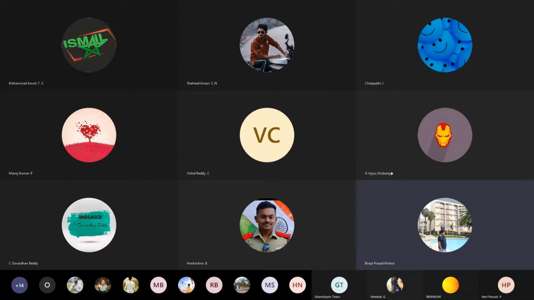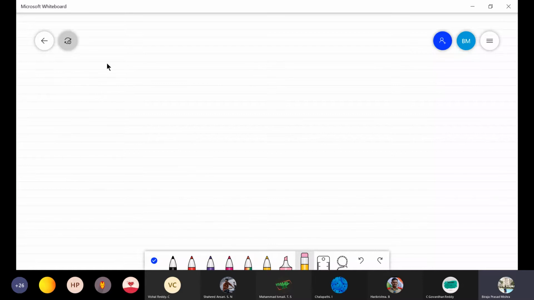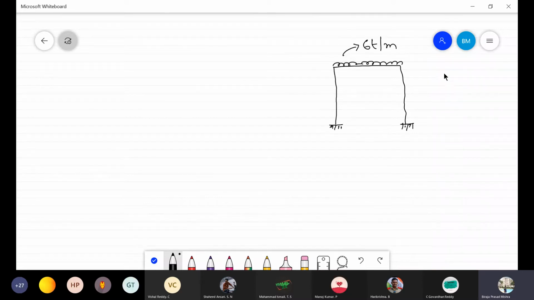Okay, so let us take a problem which we have already done. If you remember, we did a problem like this. This was the same element. Here it was fixed, here also it was fixed, and we had a UDL over here, which was 6 tons per meter.